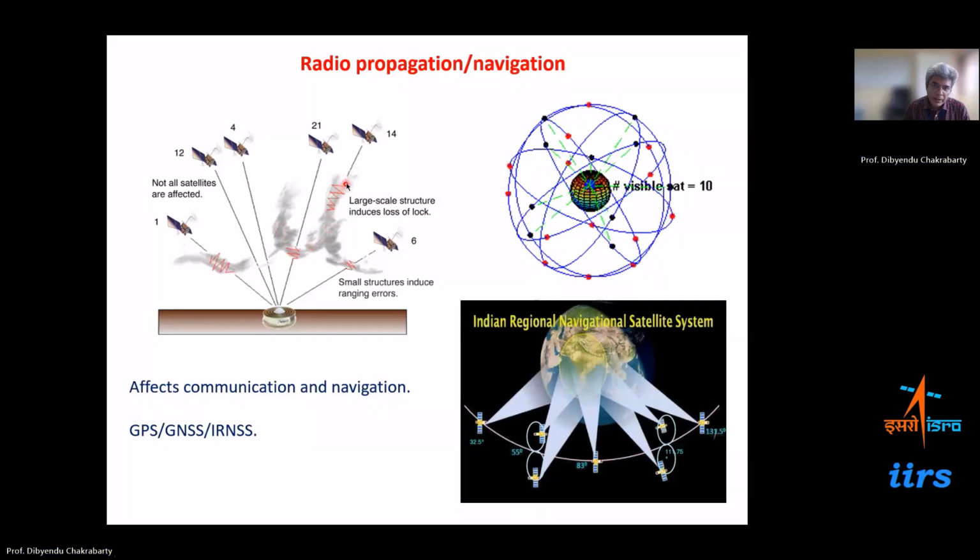When a radio beam passes through that, it bends, and it doesn't reach the receiver the way you expect, and therefore there is an error in estimating position for any navigation or communication purpose. So for navigation over the polar region and other places where the ionosphere is extremely turbulent, such as airplane navigation, this is an important factor that needs to be addressed when the ionosphere becomes turbulent due to solar disturbances.